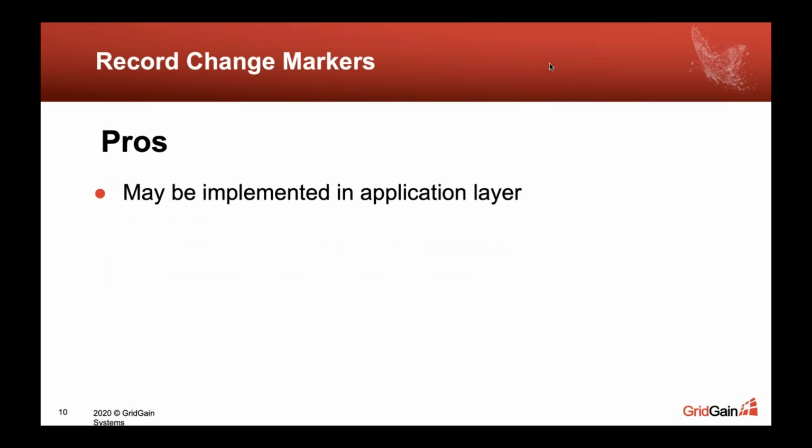The pro of this approach is that even if the system that you use doesn't have any concept or built-in mechanism for change data capture, you can still implement this approach and capture the changes from your system.